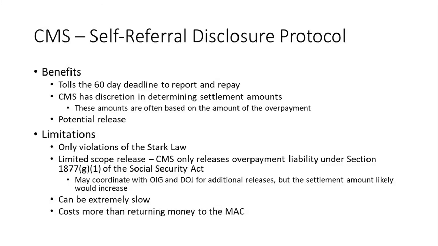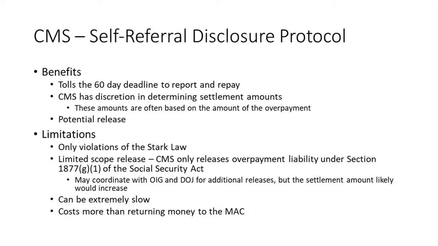Now, the downside is that there's a very limited scope to that release, and that is it only releases your liability for that violation. If you want a release of anti-kickback statute or False Claims Act liability, CMS is going to have to coordinate with OIG and the Department of Justice to get additional releases.